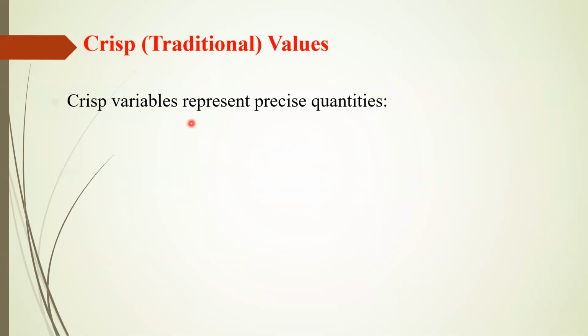Crisp set theory is governed by a logic that uses one of only two values, true or false. This logic cannot represent vague concepts and therefore fails to give answers on the paradoxes. Crisp variables present precise quantities, that is, any value of x. It is precise. It is an accurate value. This is a crisp value.